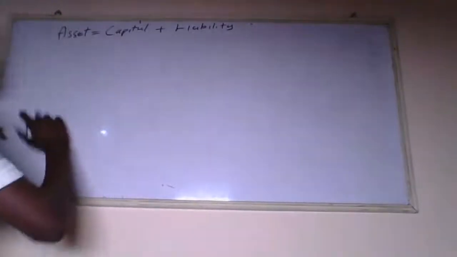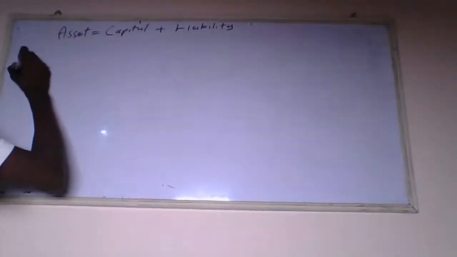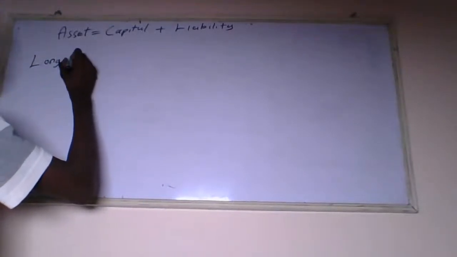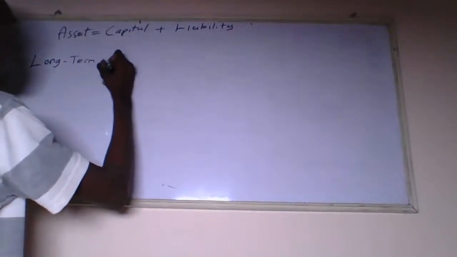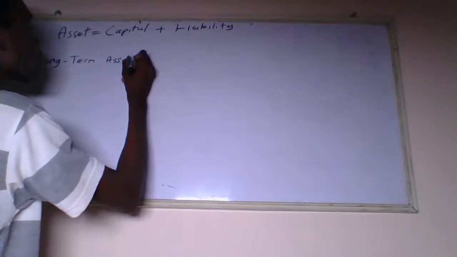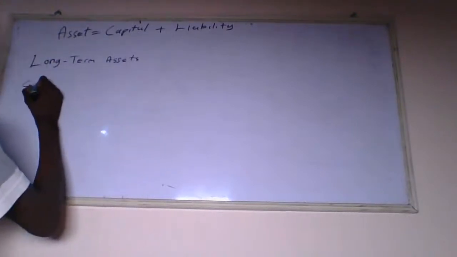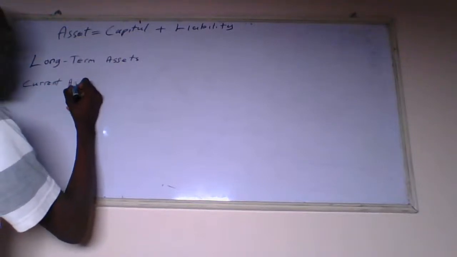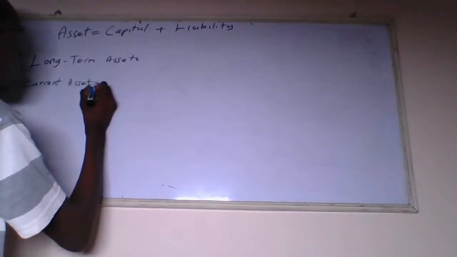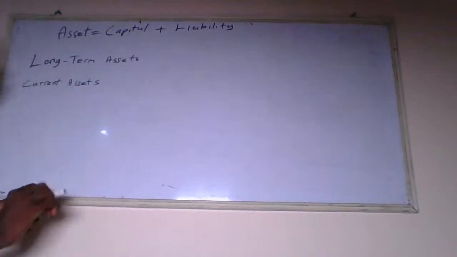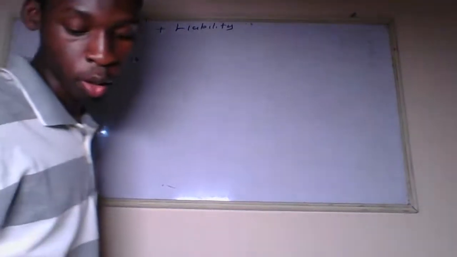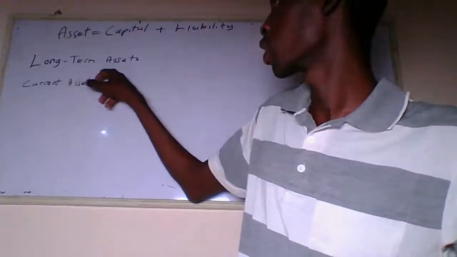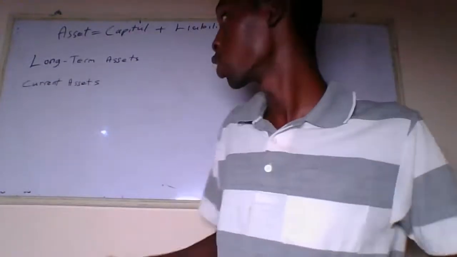We have our assets. Assets can now be subdivided into long-term assets and current assets. When we say long-term assets, we're talking about assets that have a long life, such as your plant and equipment, your machineries.